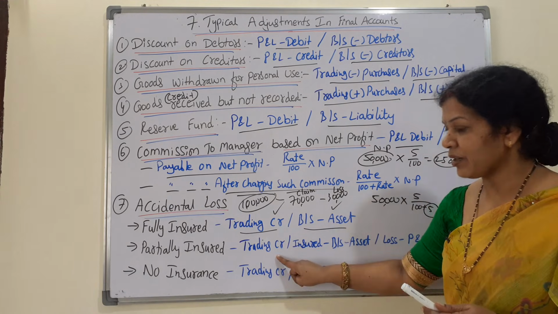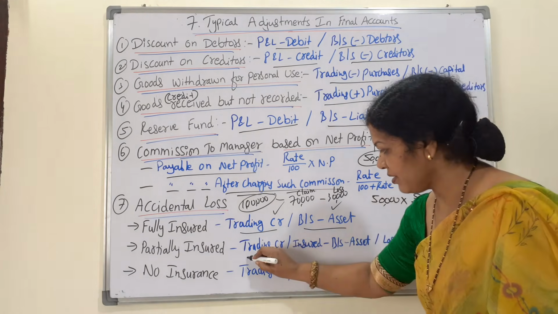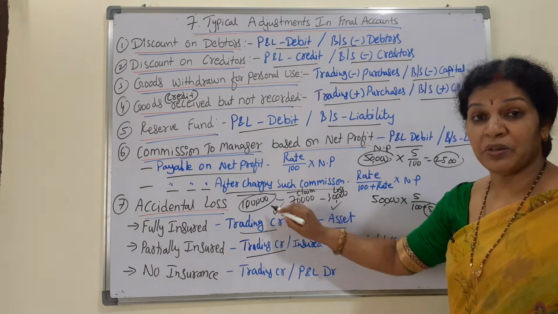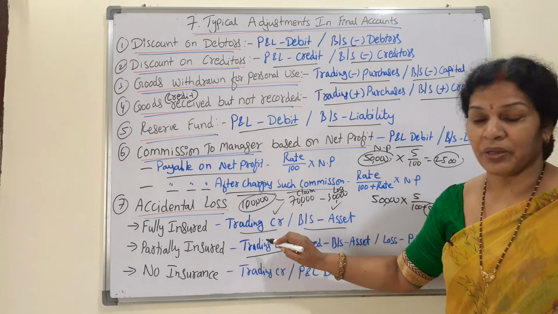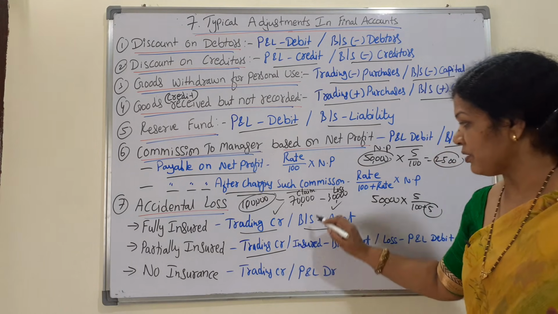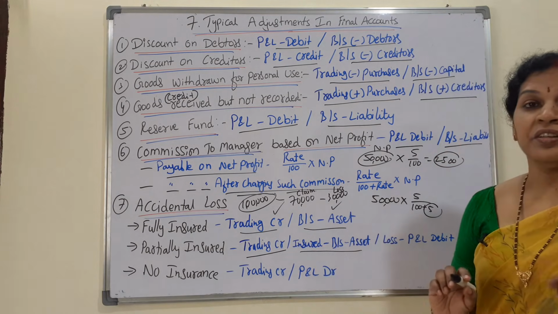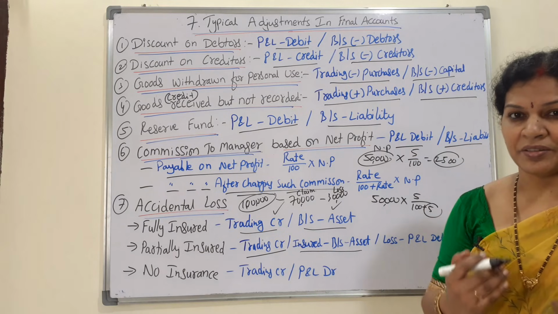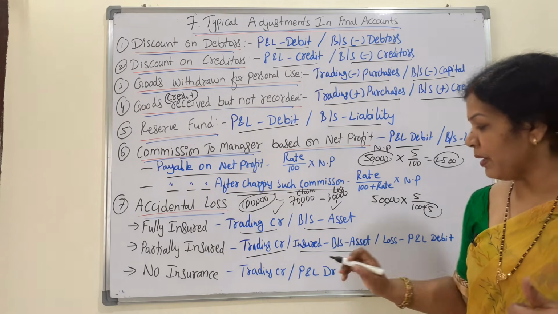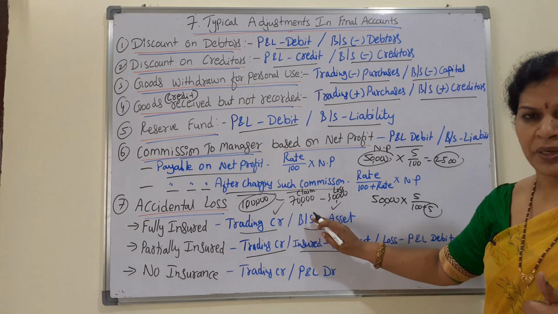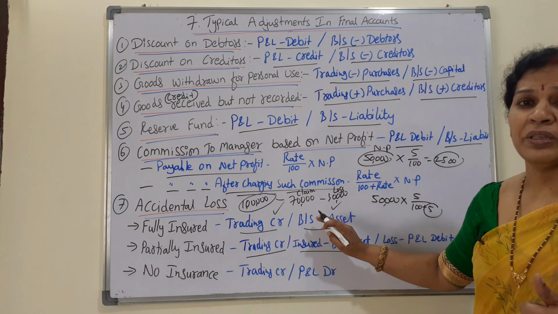One is the trading account credit side. Which amount? The total amount, 1 lakh, we will write. Now the insured amount is how much? 70,000. We are getting this 70,000, so it goes on the balance sheet asset side, just like the previous one where it was fully insured and we wrote 1 lakh.